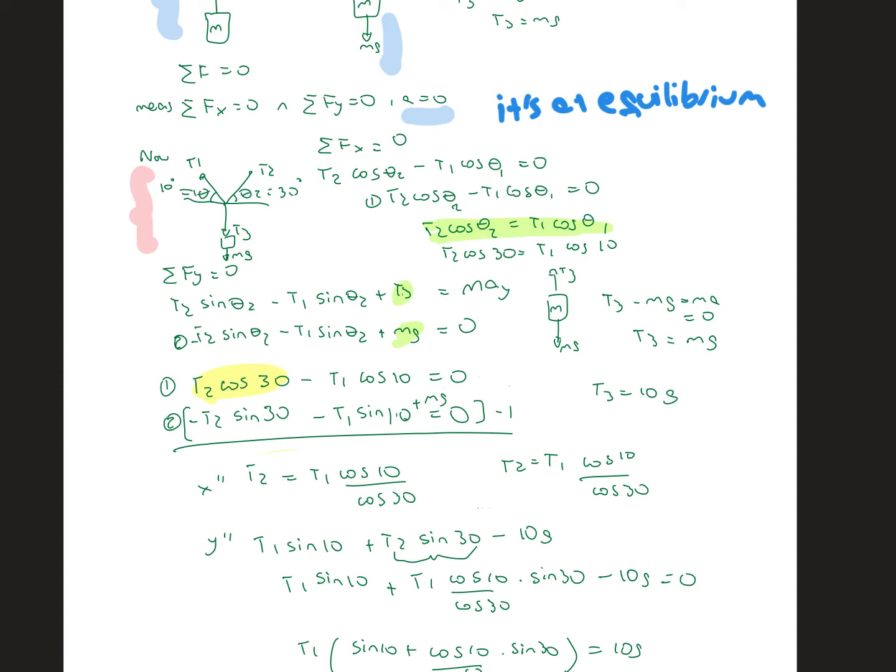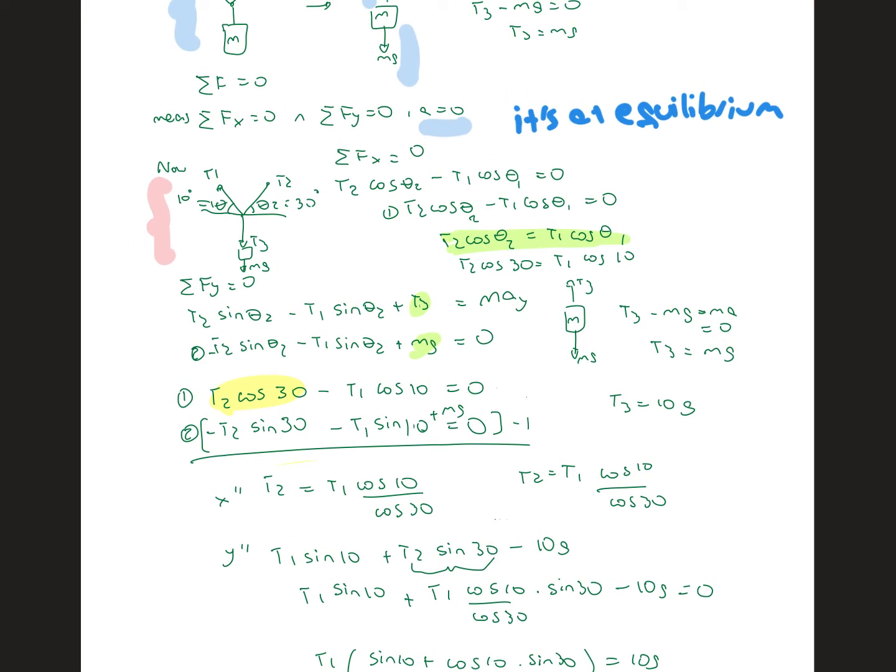Now if we continue to work on this problem, if we look at the x-axis, or the forces on the x-axis, we know that this side right here is in the positive direction and this one is in the negative direction. Now we know theta 2 is 30 degrees and the adjacent side is cosine.